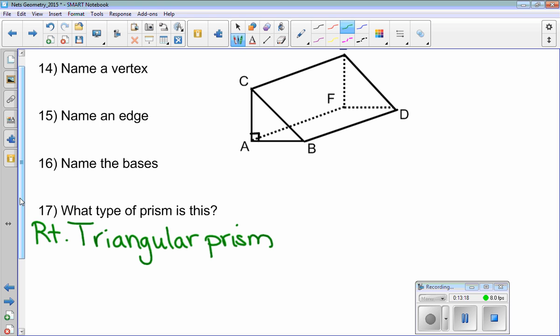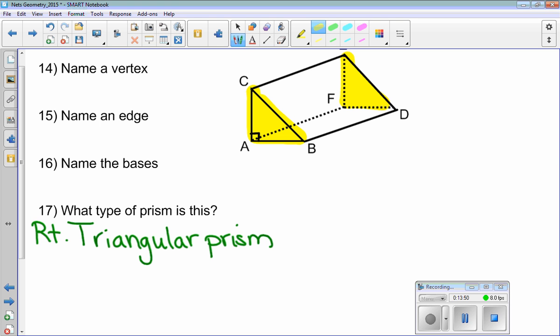But this one, because the bases are right triangles, we call it a right triangular prism. If you're like me, you'll want to highlight the bases. If you want to borrow a highlighter, feel free. That highlighter's on top of my cabinet. But it's a good idea to talk about the bases when you're naming prisms and to identify them very clearly.